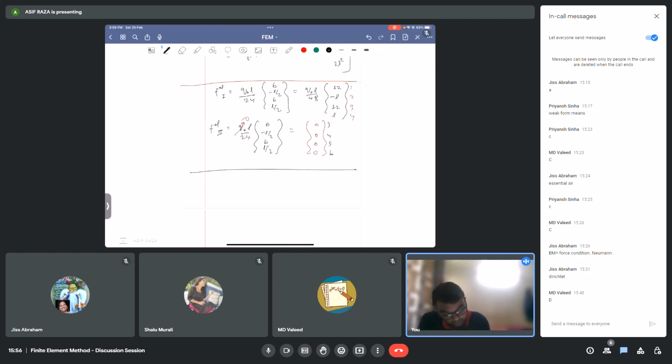Now if I had written, for the element 1, like at the node itself, if there are any loads provided, let us I'll just write Q1, Q2, Q3 at 1 and Q4 at 1.